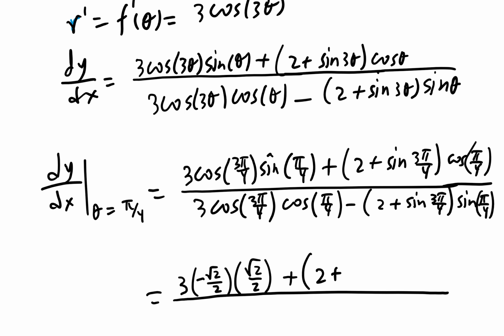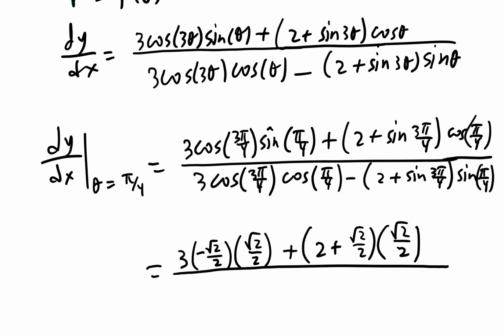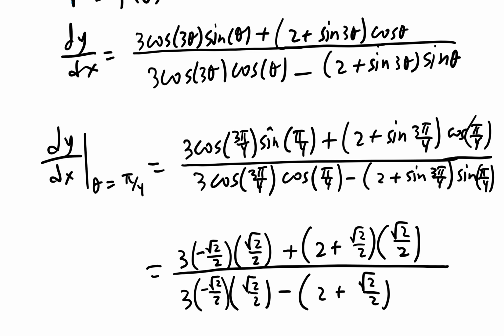Okay, so the sign is going to be positive, which is square root of 2 over 2 times cosine, again square root of 2 over 2. 3 times the cosine is negative. This is positive minus 2 plus root 2 over 2 times root 2 over 2.